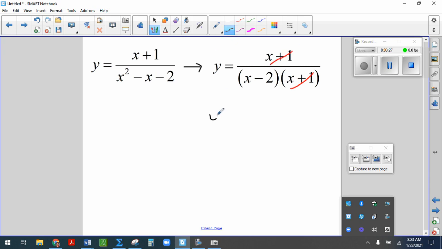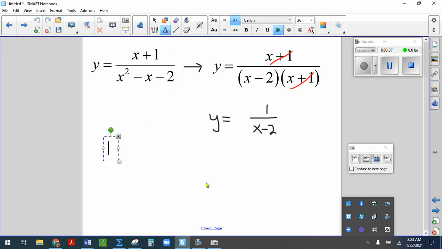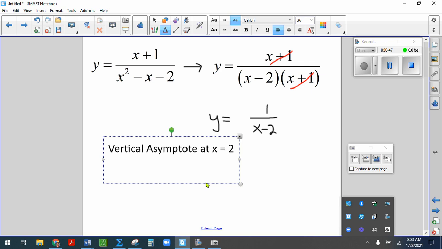And so this equation is going to be almost equivalent to 1 over x minus 2. So we're still going to have a vertical asymptote at x equals 2. But this time we have a hole in the graph at x equals negative 1.